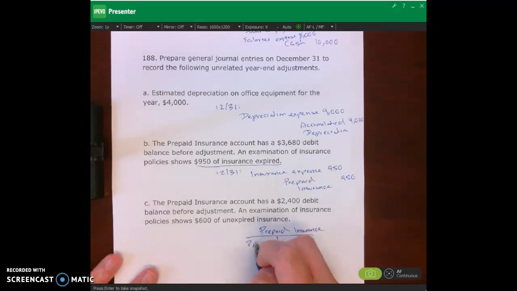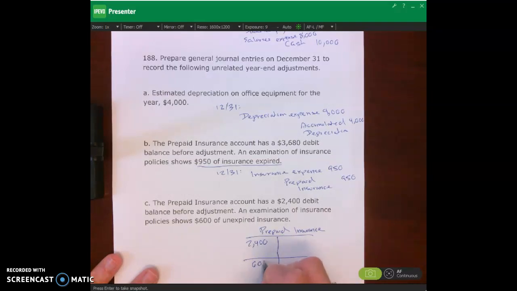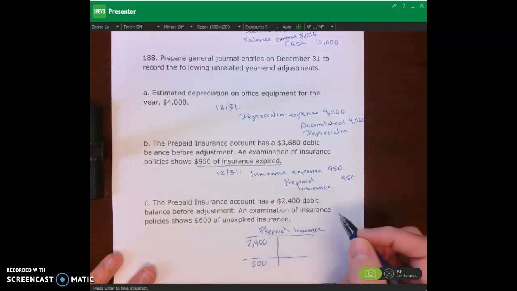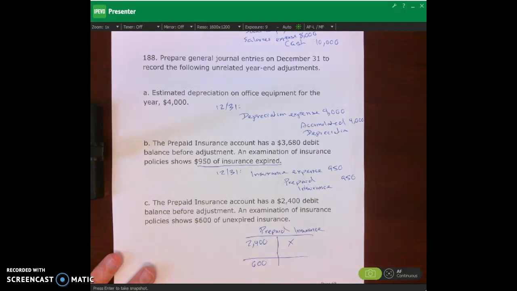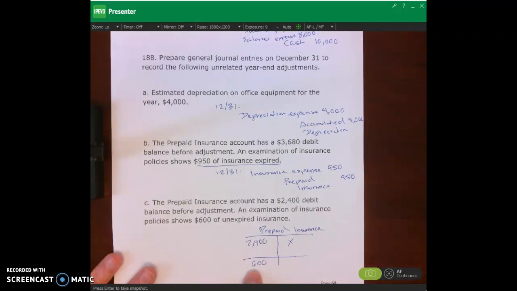And we got $2,400 over there, right? And then we say we got $600 left. And we're looking for, well, how much is the credit for? That's the unknown, right? How much do we credit prepaid insurance, which is how much was expired? This is how much is not expired. That's the balance in prepaid.